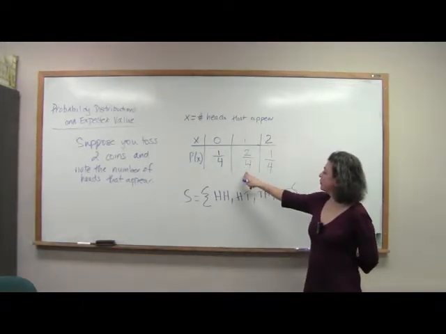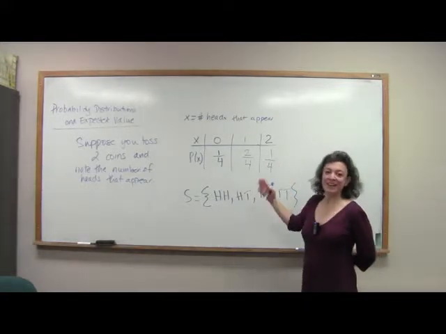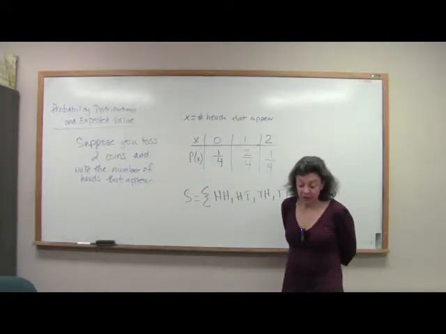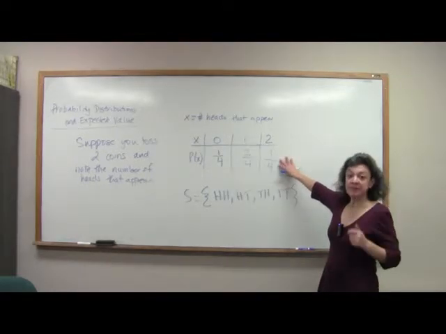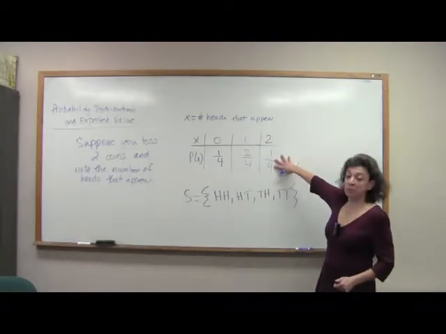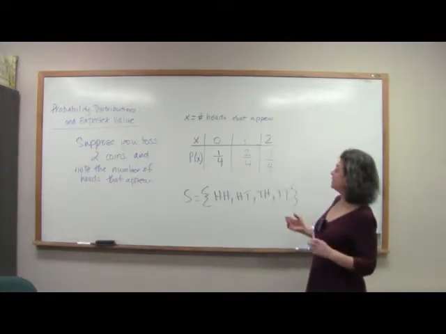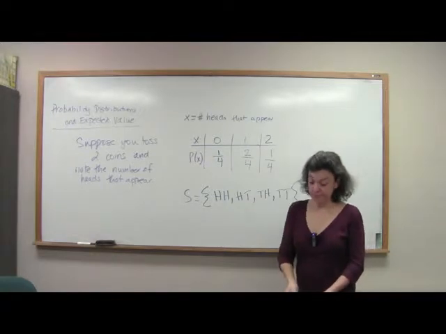So I take 1/4 plus 2/4 plus 1/4, and sure enough we get 4/4, or 1. It's a very good check mechanism to add up your probabilities, and you should get 1. So that's one example of a probability distribution table.